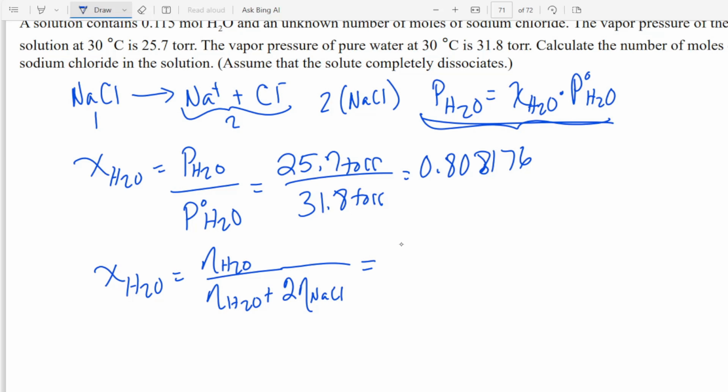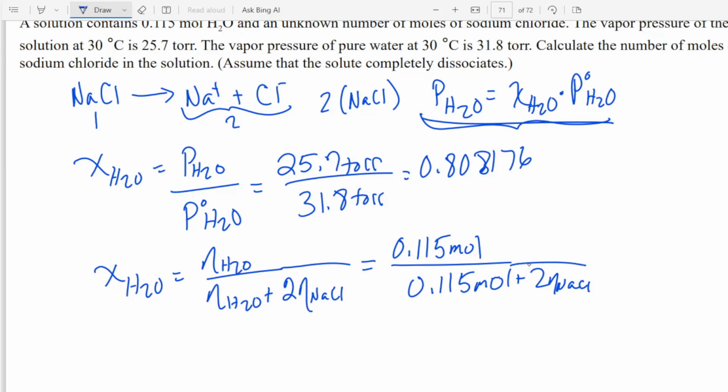So that's going to be equal to 0.115 moles for the water divided by 0.115 moles for the water again, plus 2 times the number of moles of sodium chloride to give us the total moles in the denominator.